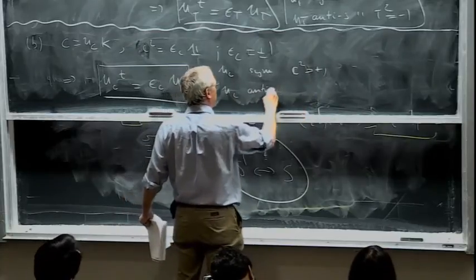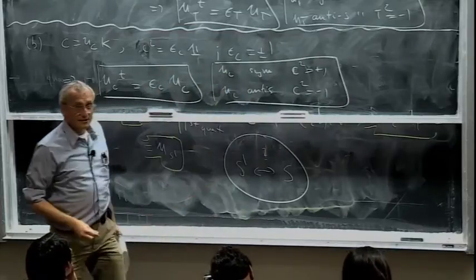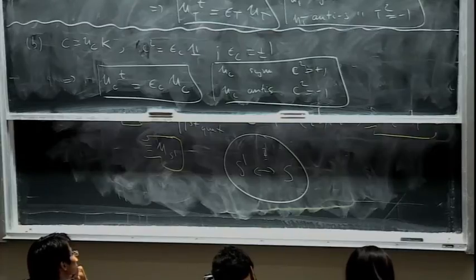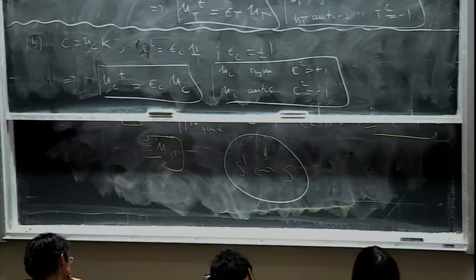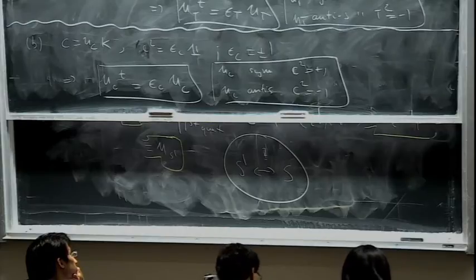UC is antisymmetric when C squared is minus 1. And so that's the key to this here. So now we know that we can get rid of a transpose by potentially introducing two signs. But UC, UT transposed is just the other S.